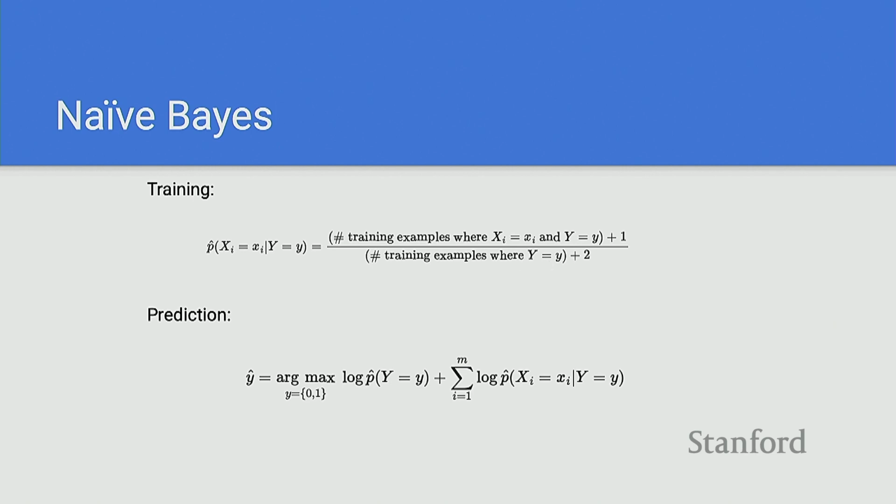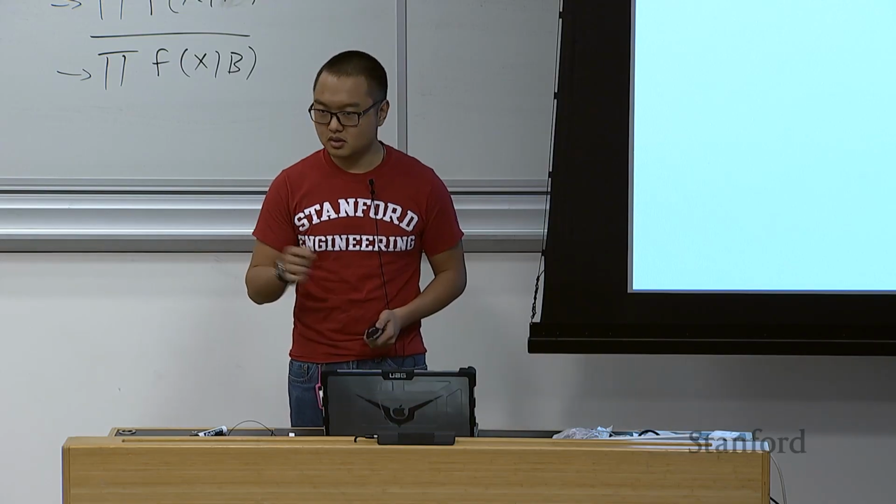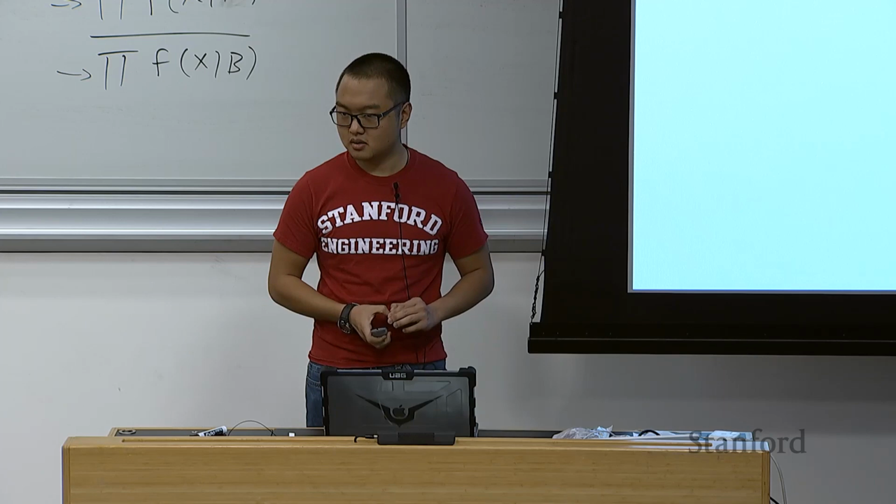Okay? And then when you do a prediction, no need to do a derivative here, no need for any gradient ascent, nothing of that sort. Just loop over all your y's, look at your data, do a few sums, spit it out. That's naive Bayes. Okay? Yes? Can you explain what p hat means?